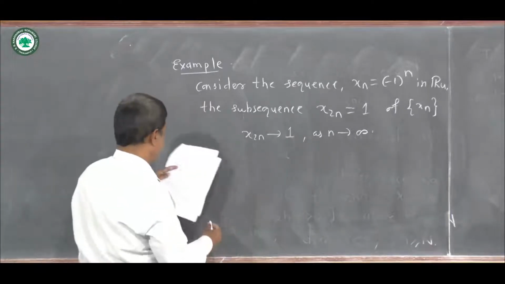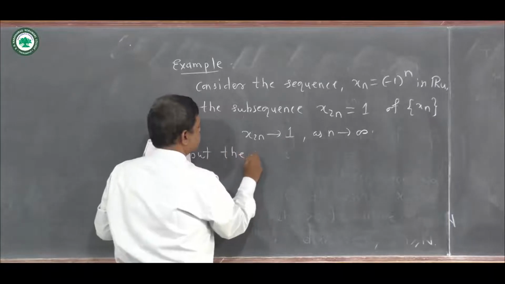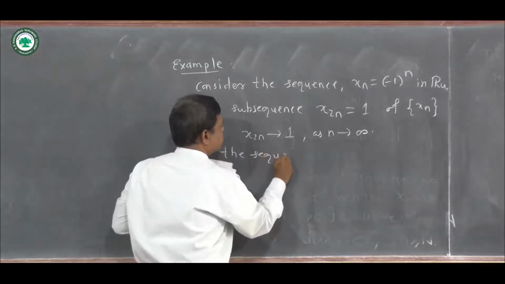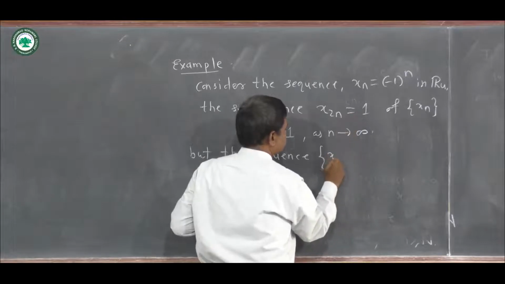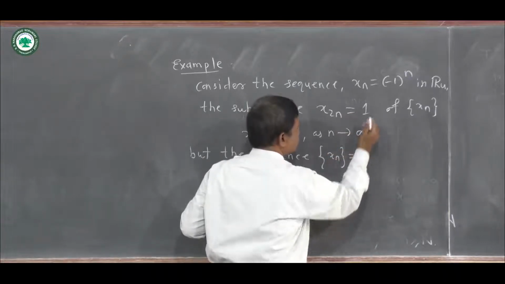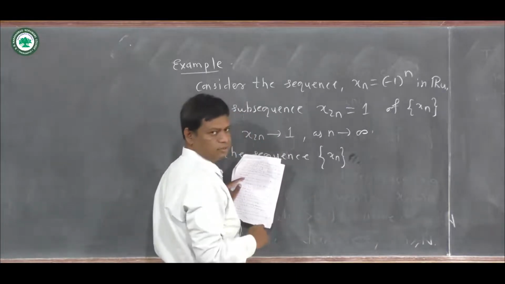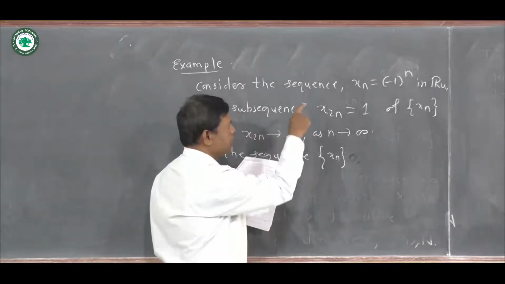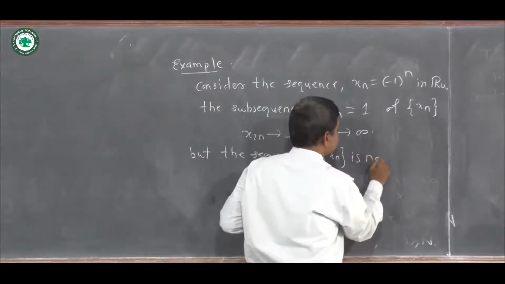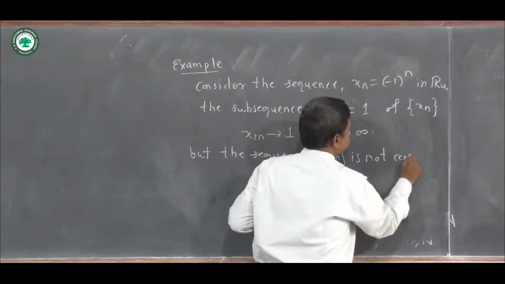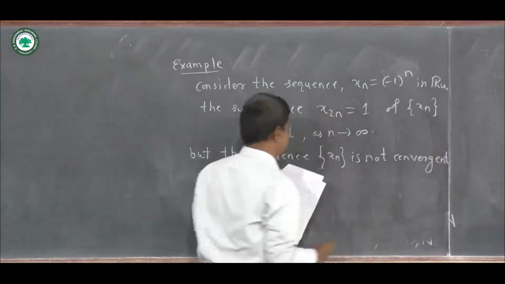But the sequence xn, which is (-1) raised to n, is an oscillating sequence, so this sequence is not convergent. So xn is not convergent.